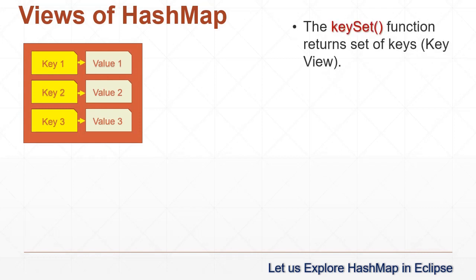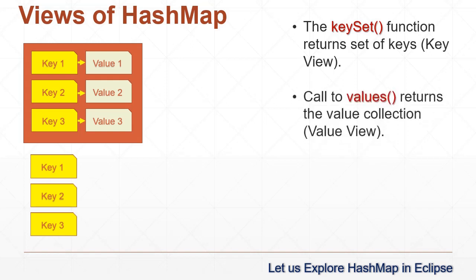The keySet function returns a set of keys. So this is one view called the key view. By making a call to keySet, you can retrieve only the keys that are stored inside the HashMap. Similarly, one can call the values method to return the values collection.